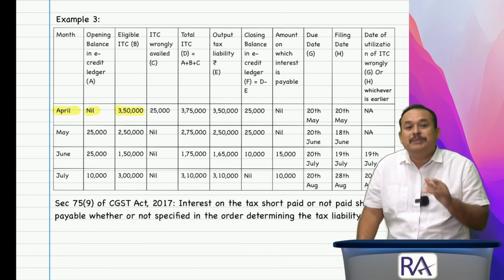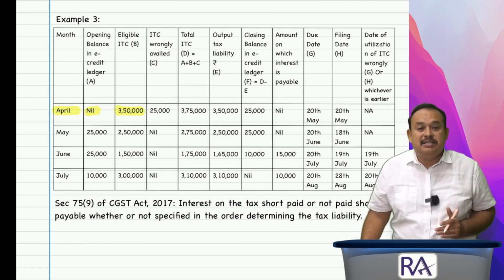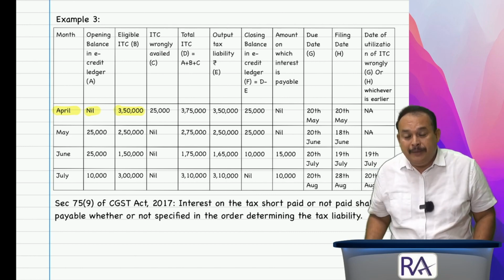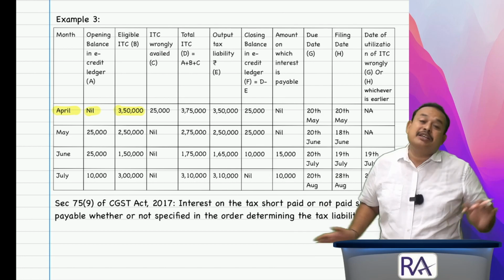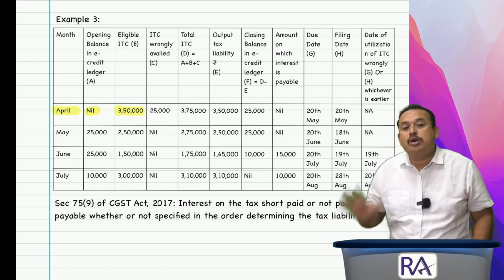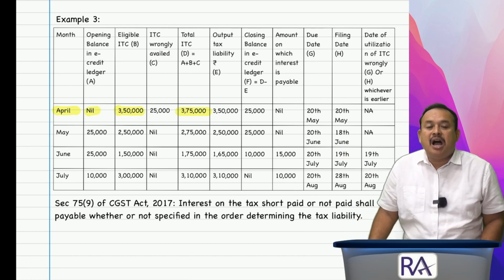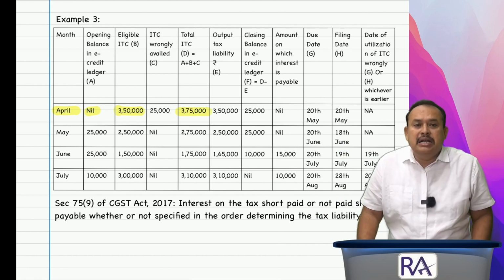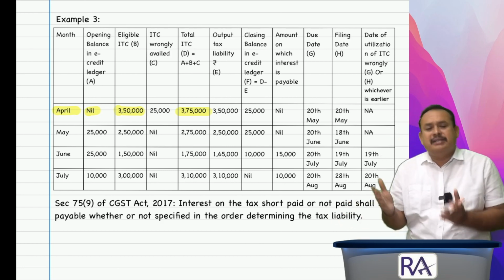Wrongly availed means I showed in the electronic credit ledger my eligible credit of 3,50,000, plus 25,000 rupees I also took, whereas it is not eligible. Total credit now is 3,75,000. That means I have availed 25,000 wrongly. Have I utilized it? Let us see.